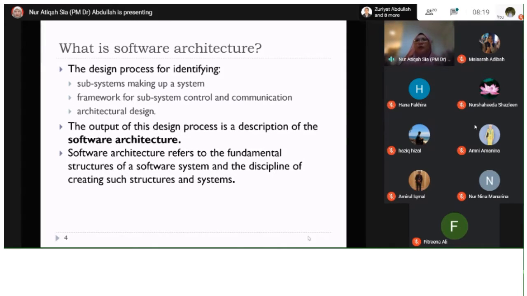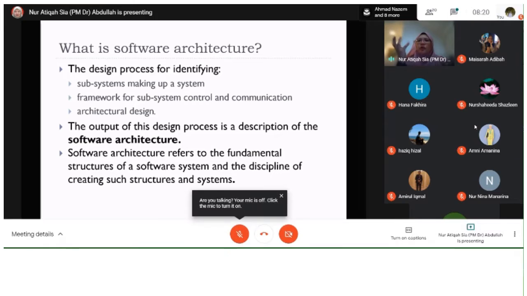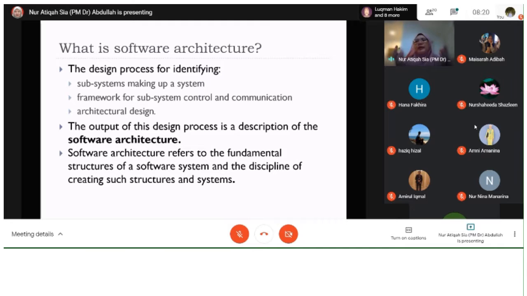The whole output of the design process is the description of the software architecture. Inside it, we have many diagrams representing the components, the major layout, the design, and the patterns that you use.